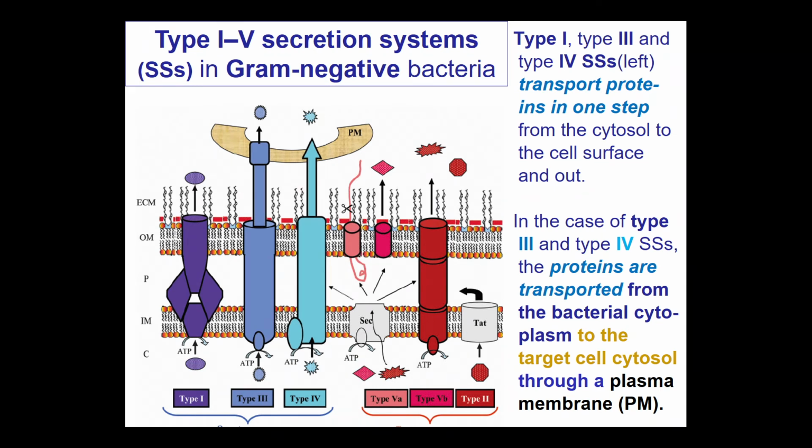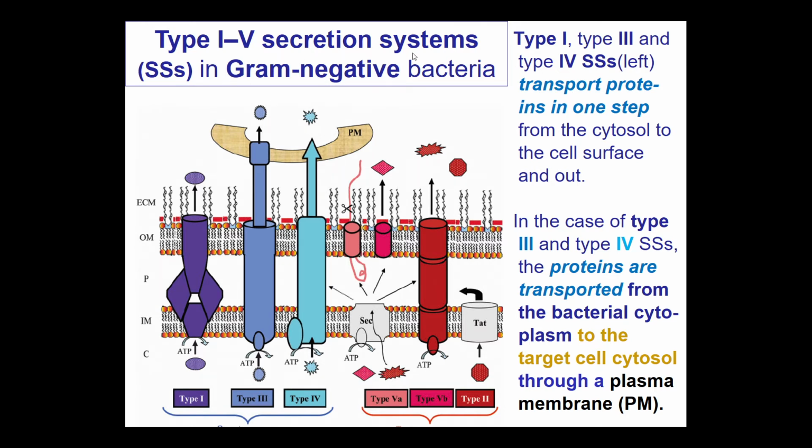When speaking about bacterial toxins, we have to say about the types of secretion systems discovered in gram-negative bacteria. Here in this drawing you see 1, 2, 3, 4, 5, 6 types of channels that help to transport toxins from the cytoplasm through the cell wall of gram-negative bacteria to the extracellular space.